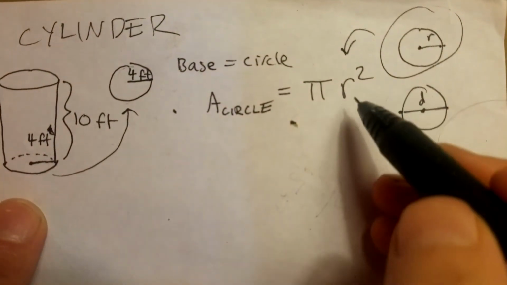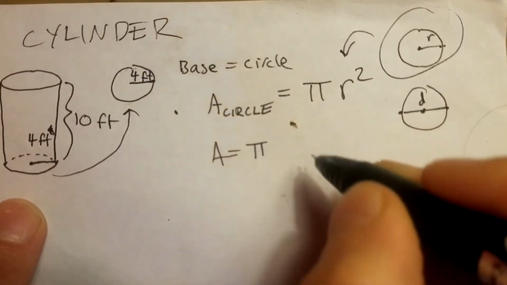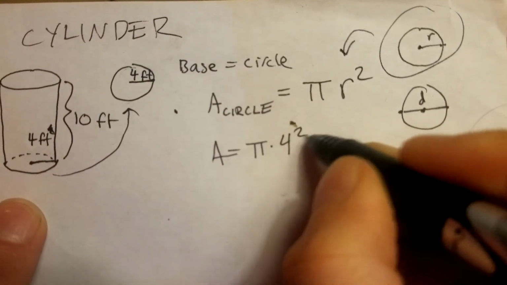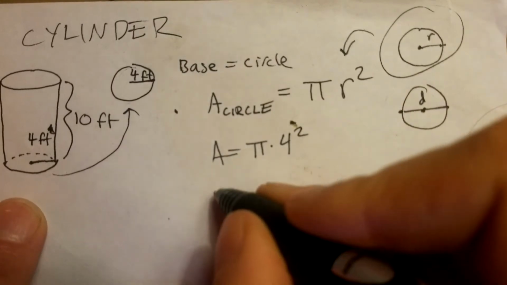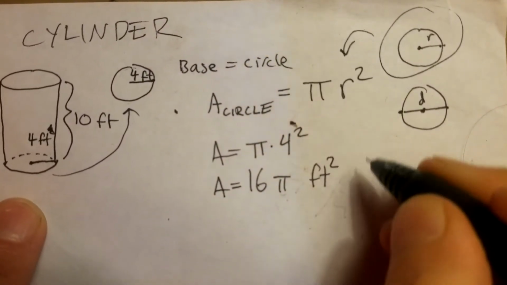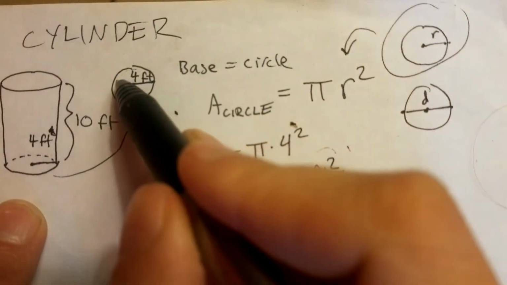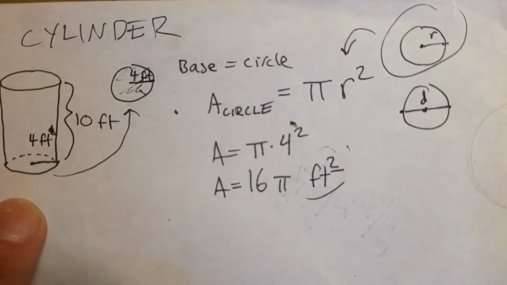So the radius of the circle is 4, so then the area is going to be pi times 4 squared, which in this case is 16 pi feet squared, because we're still in the 2nd dimension, because we're talking about the area of this circle here.